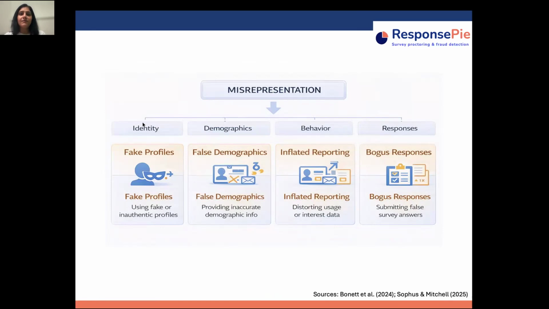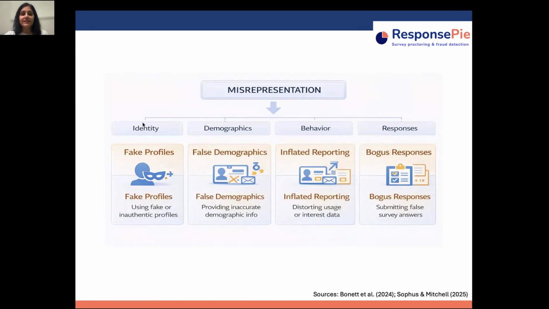Then we have misrepresentation. The core idea behind misrepresentation is that it involves intentionally providing false or exaggerated information so a participant can qualify for a survey. They can do this in different ways.